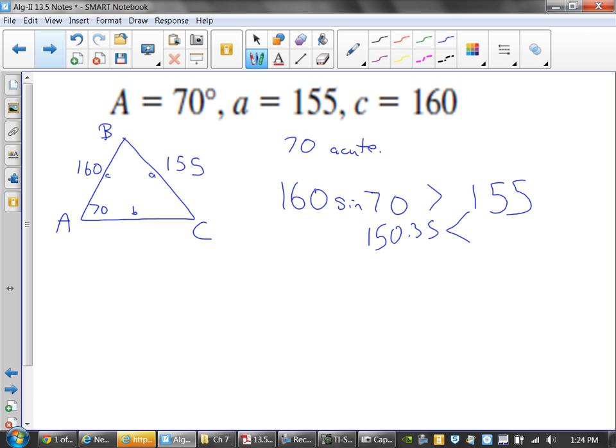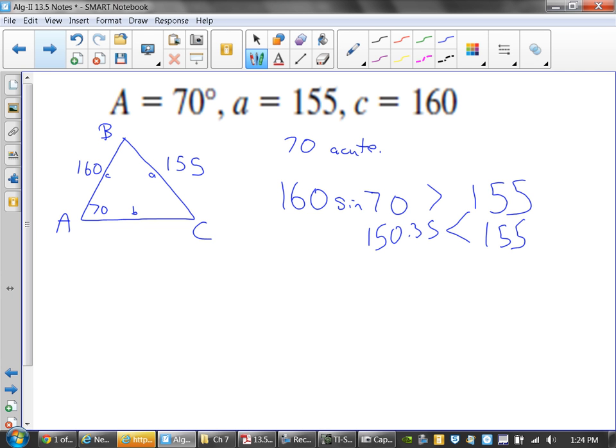So it is smaller than the 155. So I know I can throw out the no triangle. I know that there's going to be a triangle. So I check the next one. Did it equal 155? No. So I check the next one. Since it's smaller than the 155, is it also smaller than the 160?